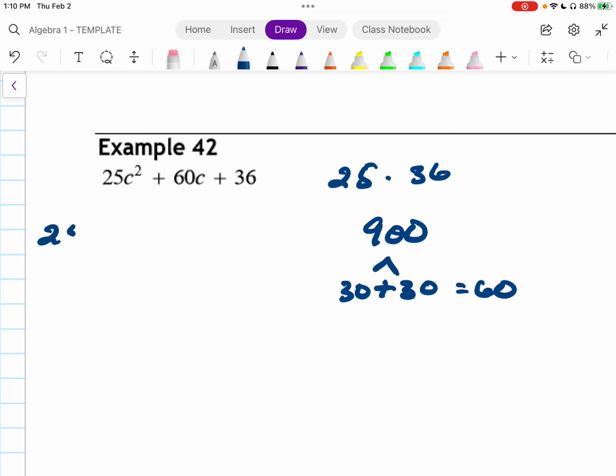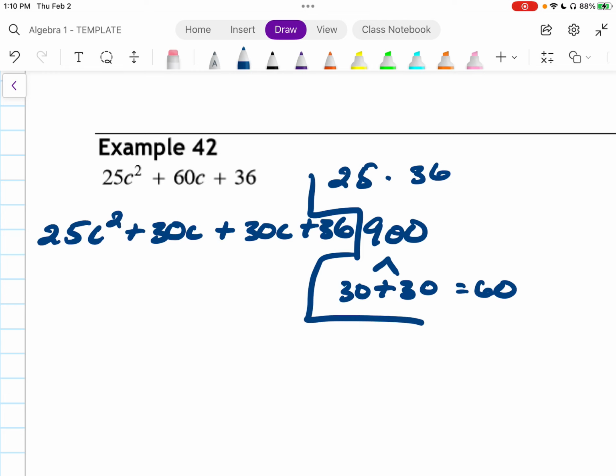So we'll say 25c squared plus 30c plus 30c plus 36. I look at the first pieces and the second pieces together. I can pull out a 5c out of the beginning, and I'll be left with, what, 5c plus 6.